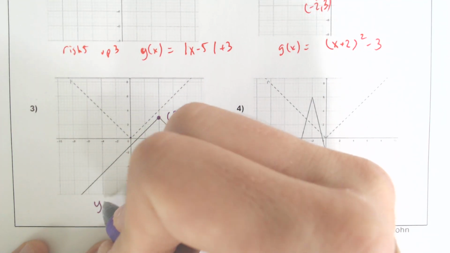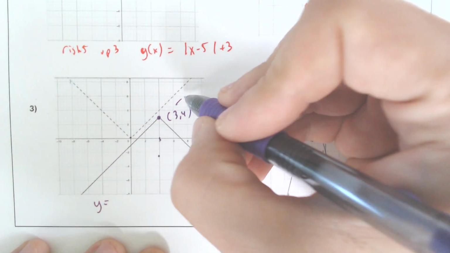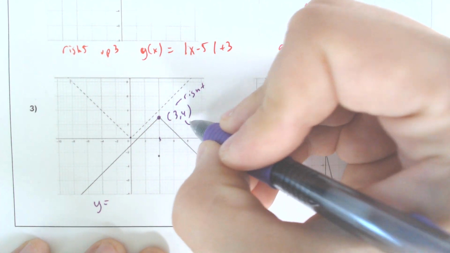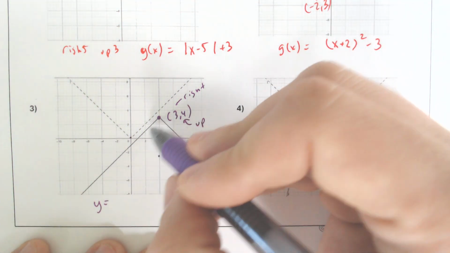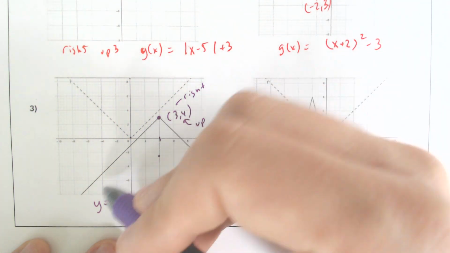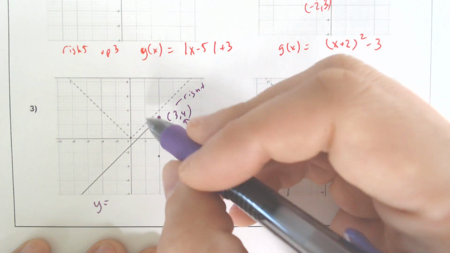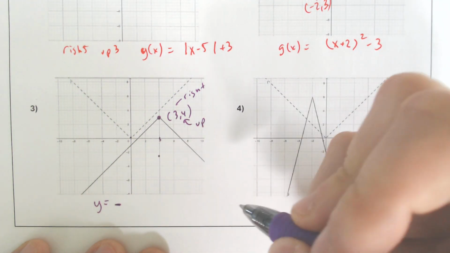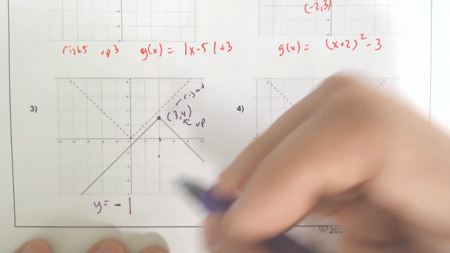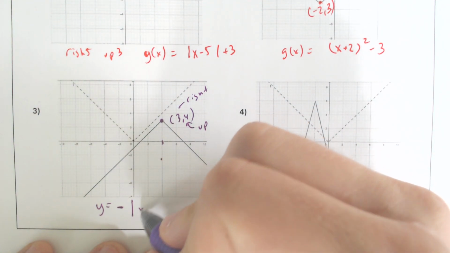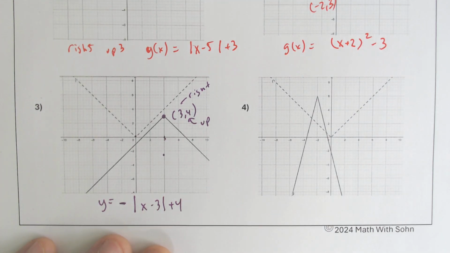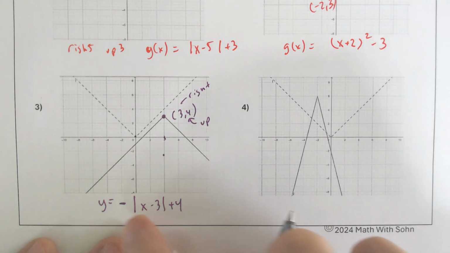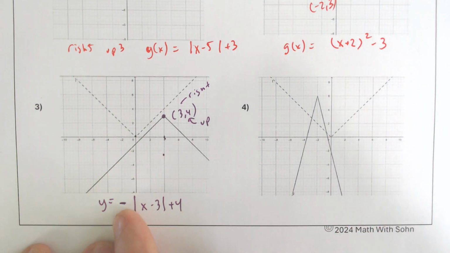But we're going to start with the fact that it went right by 3 and up by 4, and then it just has a negative slope. So because it's flipped over itself, we're going to put a negative for the a value, and we're going to change the sign, keep the sign, and it's going to be x minus 3, and the plus 4 afterwards, and the negative would just be here.